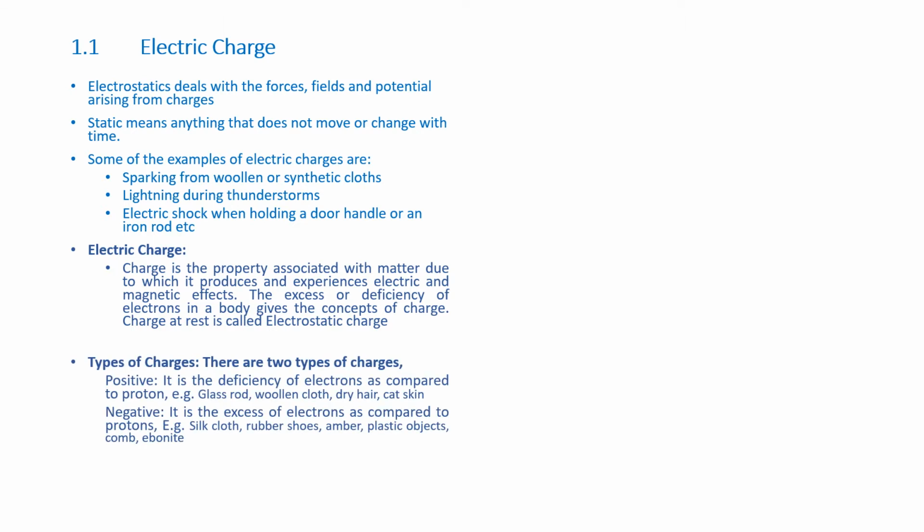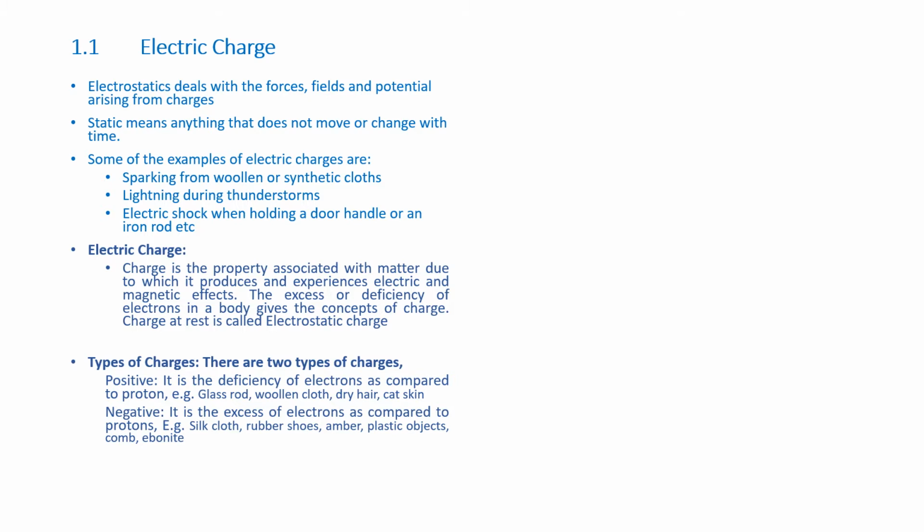Types of charges. There are two types of charges. Positive charge is due to deficiency of electrons as compared to protons. For example, glass rods, woolen cloth, dry hair and cat skin are all examples of positive charges.